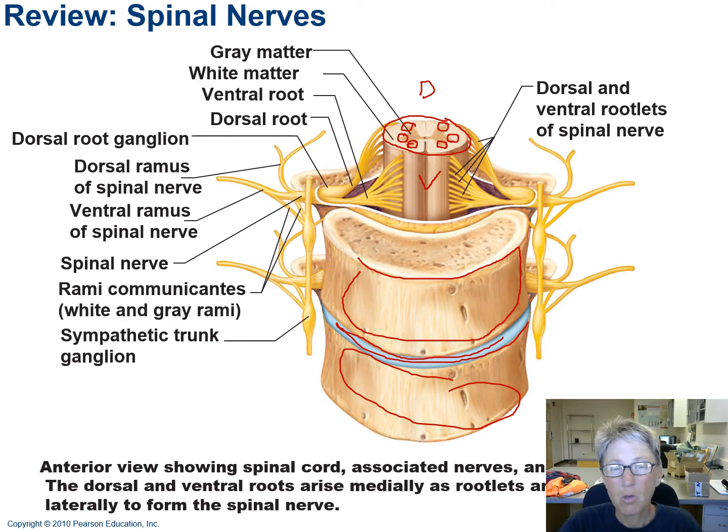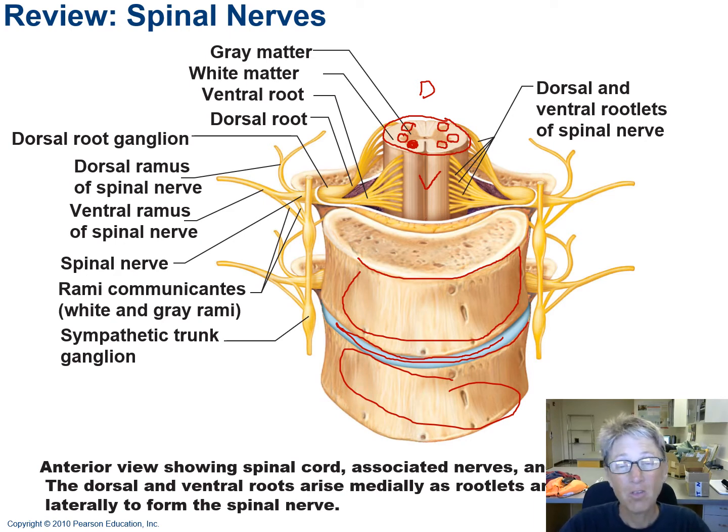If you are, for example, a lower motor neuron traveling out to the periphery, your cell body would be here in the ventral horn of the gray matter, and then your axon would exit here in these rootlets. Isn't that a cute name?